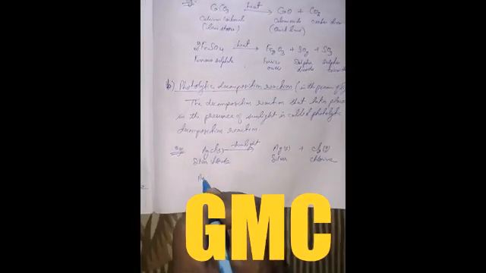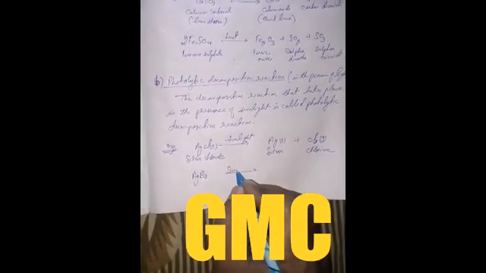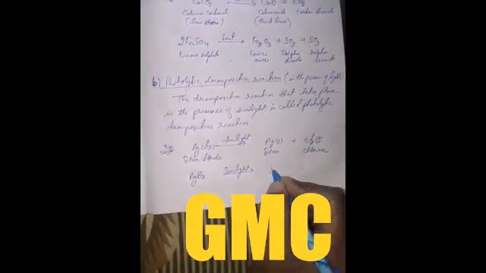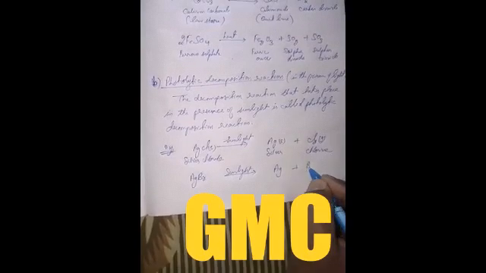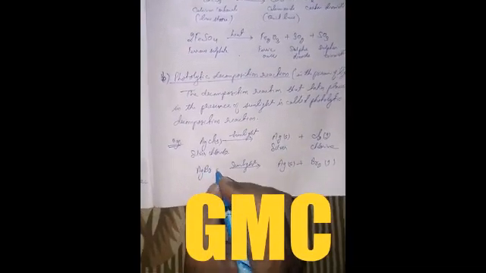Similarly, silver bromide, AgBr, when kept in sunlight, decomposes again to form silver and bromine gas. Bromine gas, silver solid. Okay, this is also solid.